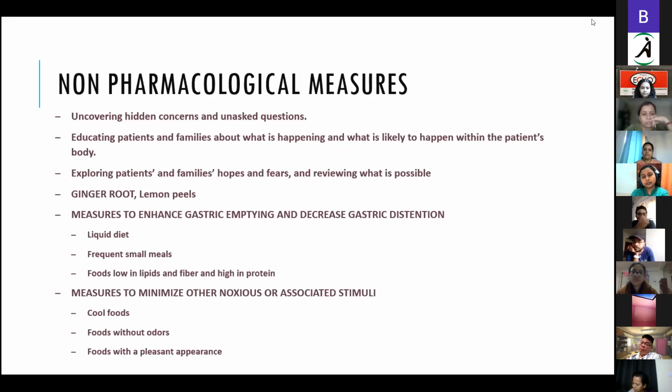You have to educate the family and patients about what is happening and likely to happen with the patient's body, and avoiding these anxieties and concerns will help in a long way. Fear and family's hope is important when we are also trying to assess the history.